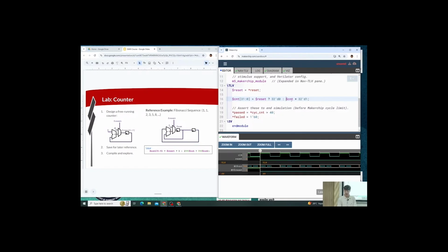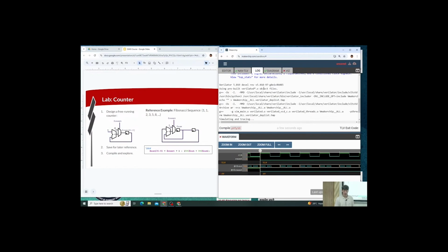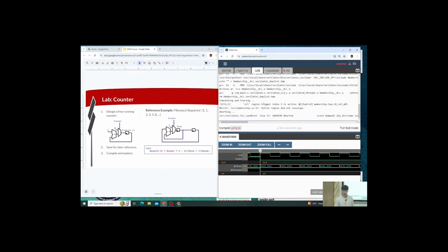One thing to point out, just because it can be confusing, it's a common mistake to forget the flip-flop and recirculate the value immediately without this flip-flop here, which would be this, without saying previous. If I compile that, I'm going to get this very confusing message. Settling region, or settle region, did not converge.